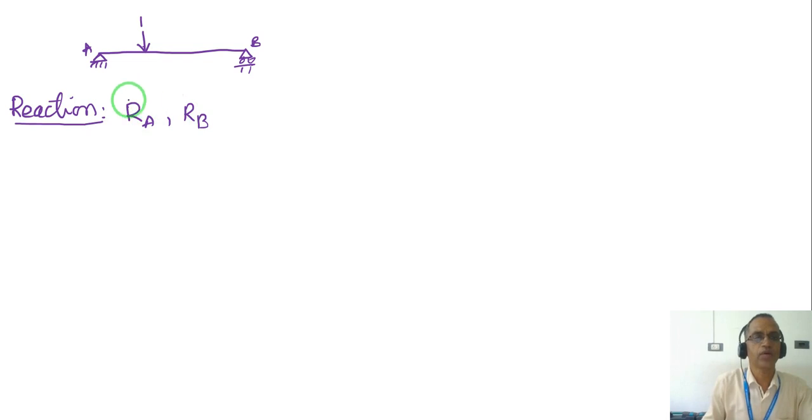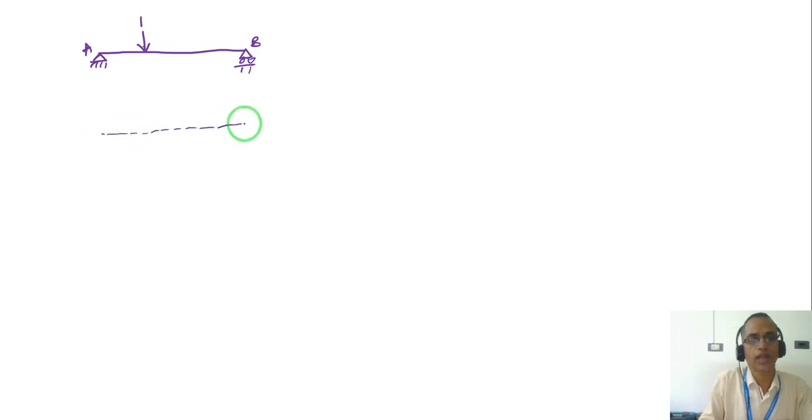If I try to draw an influence line diagram for the reaction here, I can draw this line like this, and for a point load on this beam, I can take a moment at A and find out RA and RB, and then we'll see that the influence line diagram is something like this for RA.